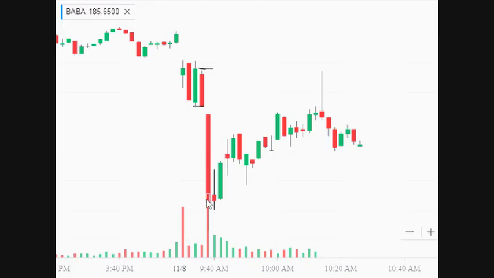So I see this big down move, and I'm watching it, and it doesn't look like it's going down any further. So I entered it right about here, and that price is about 186.30 or 40, right around in there.